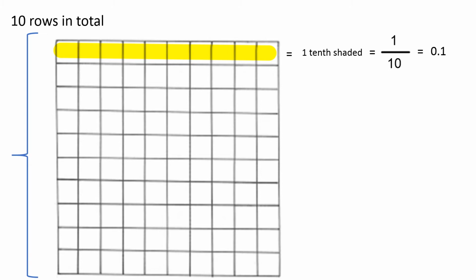But it's also 1/10 that are shaded in because we have 10 rows in total. So it would be 1 out of 10 rows, a tenth, which would also be 0.1 as a decimal. So what do you notice? Pause and have a think.